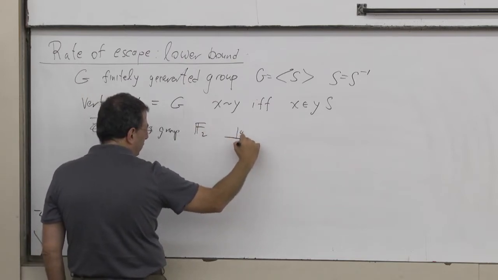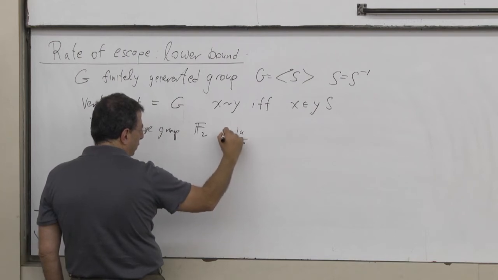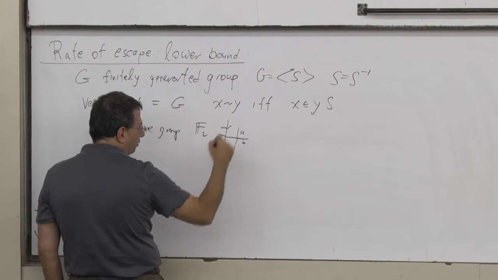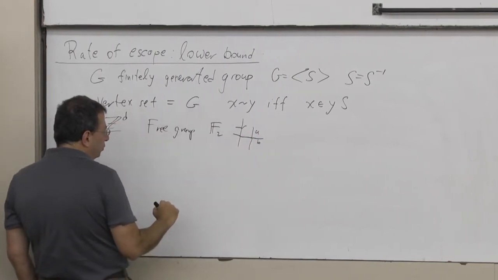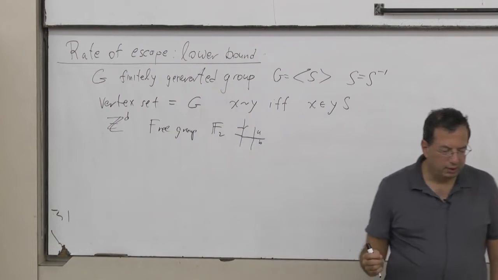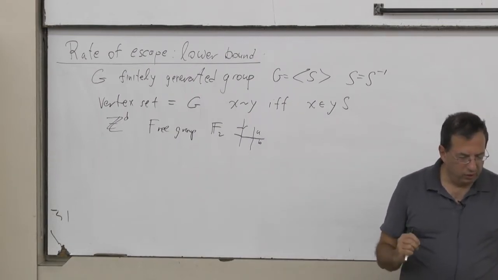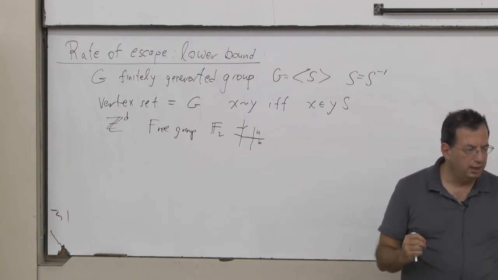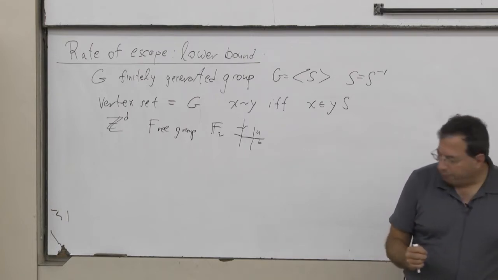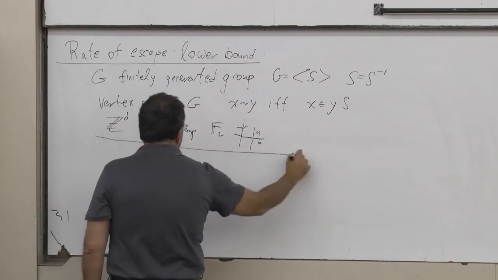So we have a and b, and then this is a inverse, this is b inverse, and you keep going, and you get a 4-regular tree for F2. Or you could build any tree as a free product. And there are many, many other Cayley graphs. There are interesting Cayley graphs of polynomial growth beyond Z^d, like the Heisenberg group.